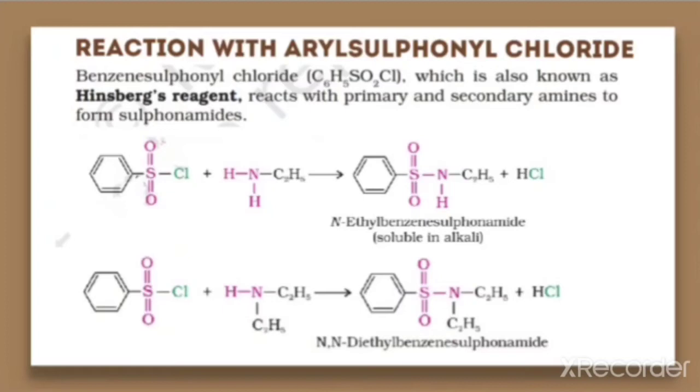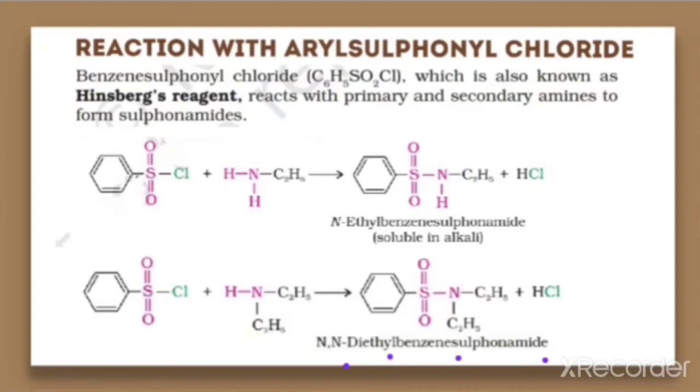The ethyl part is taken as a substituent here, attached to the nitrogen. So it is named N,N-diethyl, because 2 ethyl groups are there, diethyl. And the whole name of this one is N,N-diethyl benzene sulfonamide.